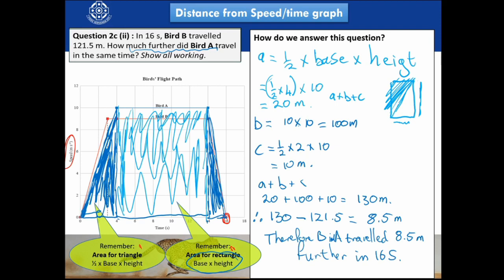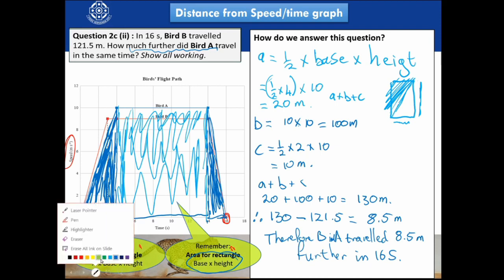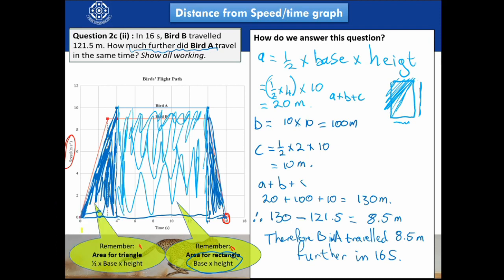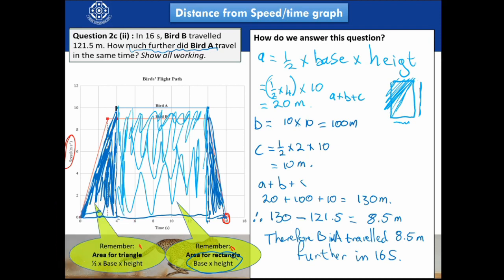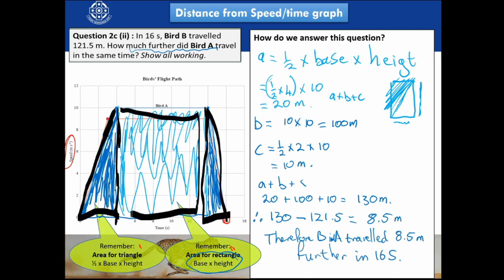So you always take, if I take my highlighter, here's my first triangle, here's my last triangle, and then the area in the middle is basically a rectangle. Does that make sense? I really hope so.